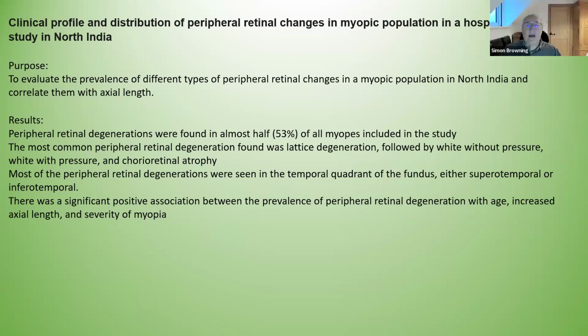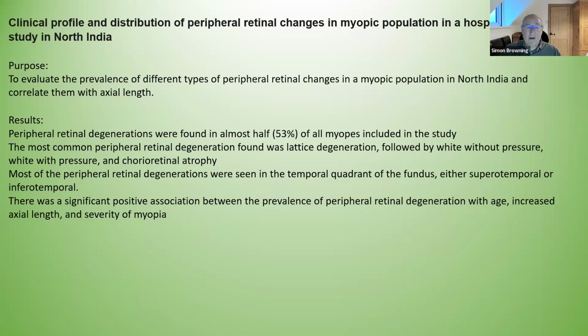The most common peripheral degenerations were lattice and white without pressure and chorioretinal atrophy. Most retinal degenerations are in the temporal quadrant, and there was a significant positive association between the prevalence of peripheral retinal degeneration with age and axial length.